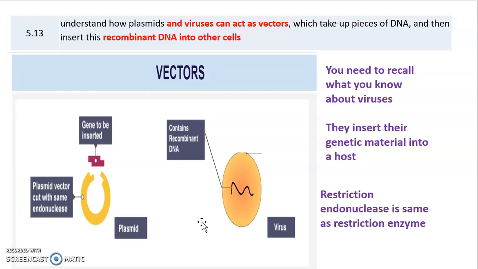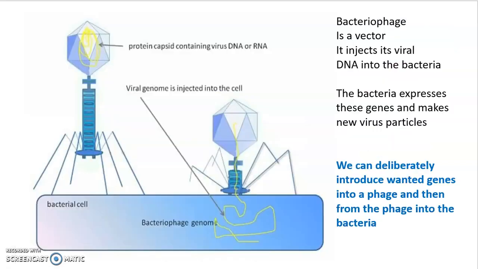Now, if you think about a virus specifically attacking a particular host, the host is usually fairly specific, and viruses can also attack bacteria specifically. There's a virus which is referred to as a bacteriophage, and a bacteriophage is a vector which inserts its viral DNA into bacterial cells.